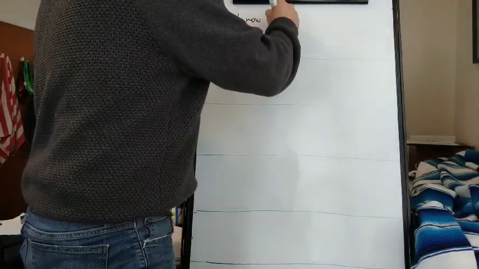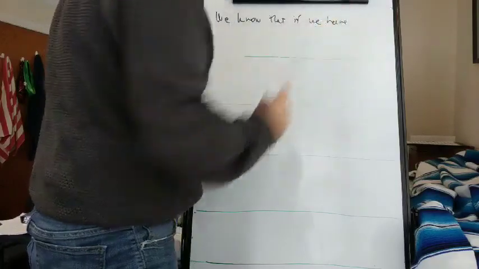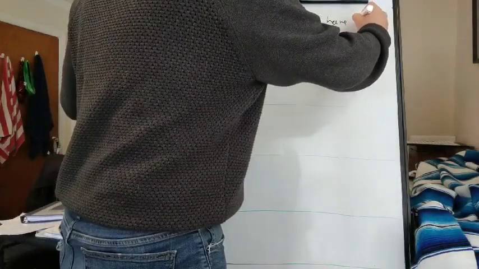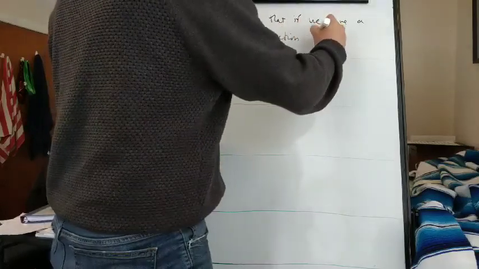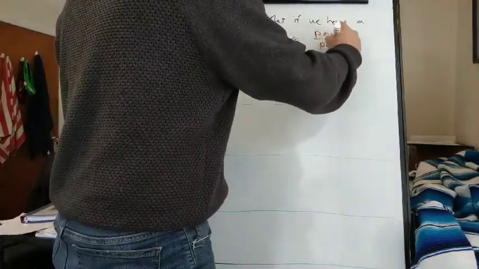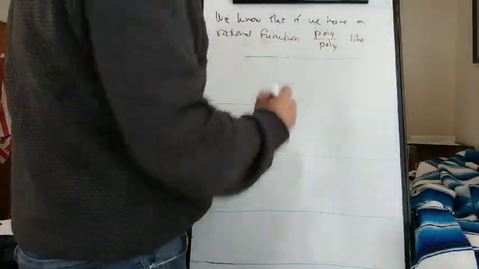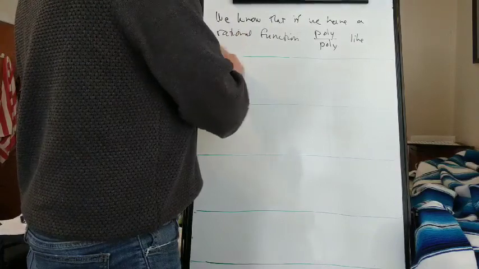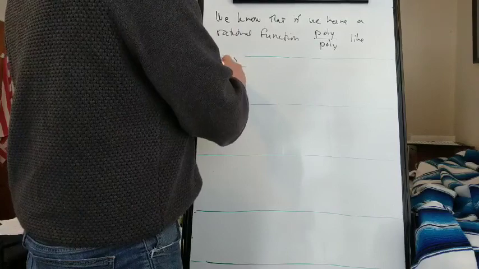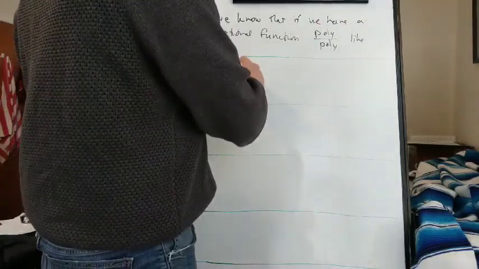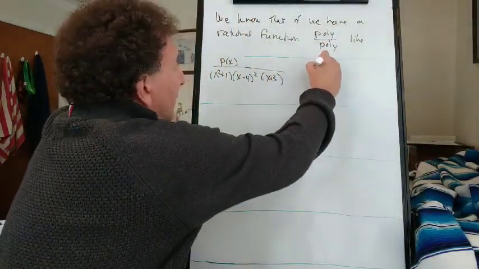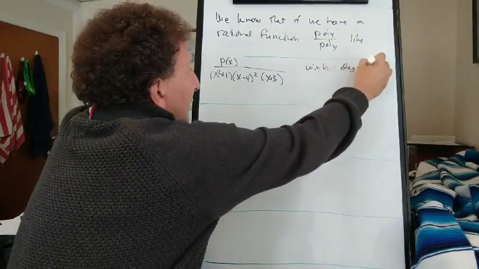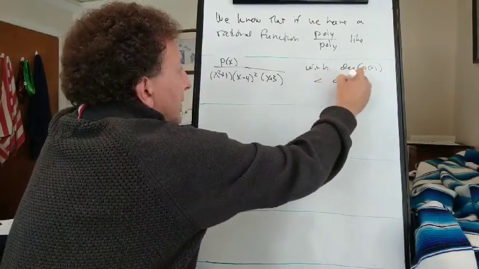So we know that if we have a fraction, a rational function, so that's polynomial over polynomial, like let's say the top one is p of x, and let's say the bottom one factors as x squared plus 1 times x minus 4 squared times x plus 3, with the degree of the numerator less than the degree of the denominator.